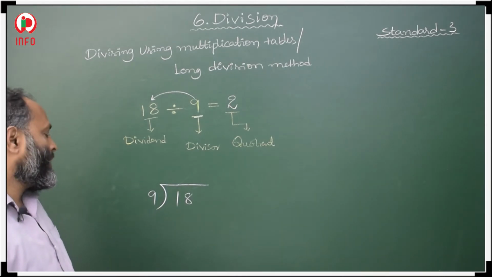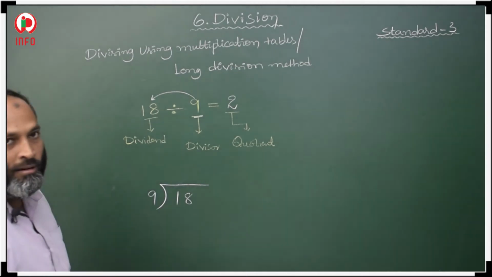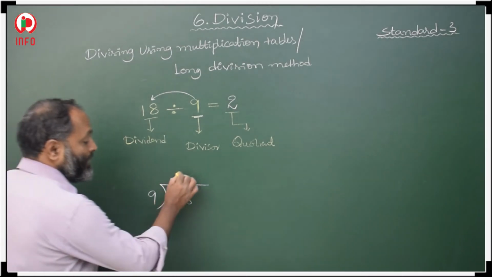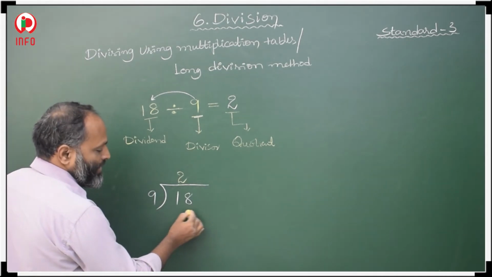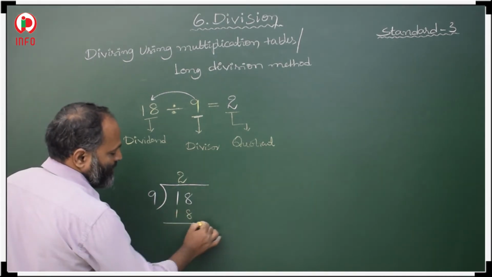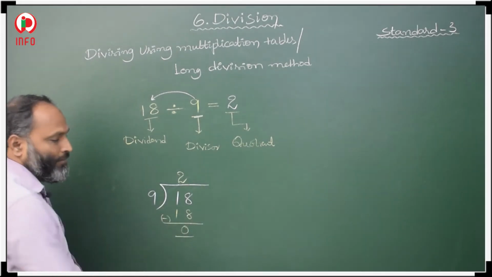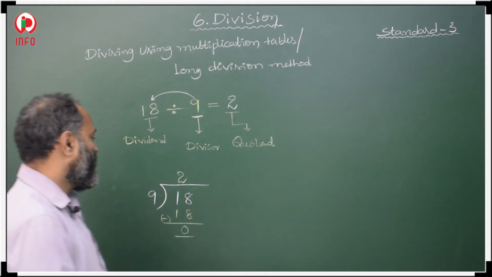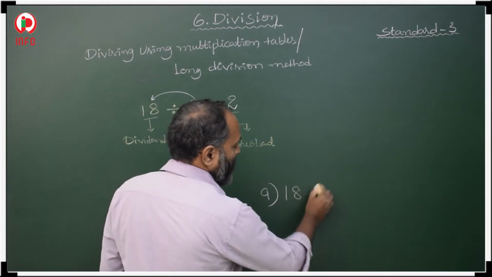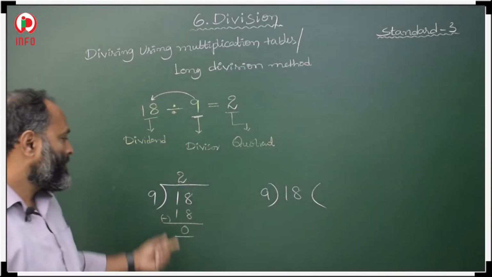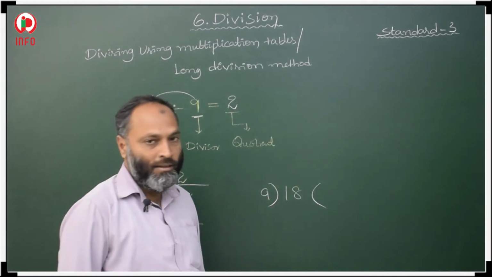After that we check where 18 comes in the 9 table. 9 2s are 18, that quotient we keep here, and 18 we write with 8 in the ones place and 1 in the tens place. Same number minus same number is 0. Or otherwise, 9 divided by 18 we can take like this also. If you want to write like this, that is your wish.